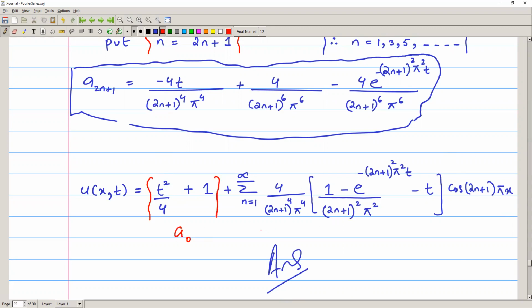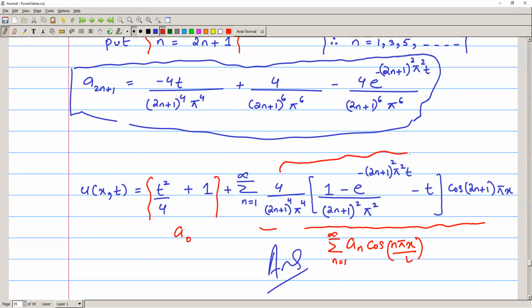And this whole is an times cosine n pi x over L with summation, right? So an we calculated, that is this whole function.